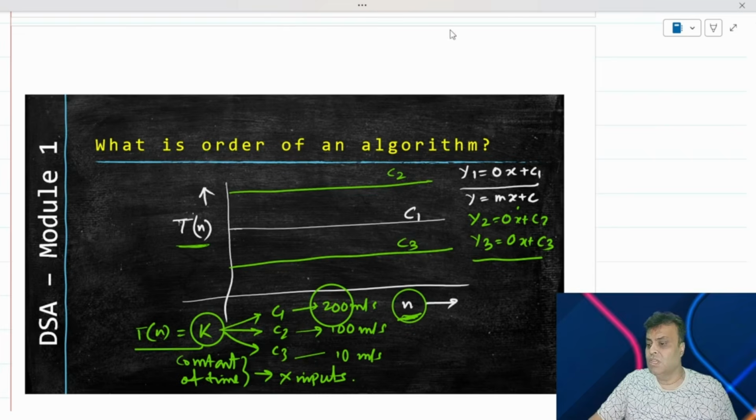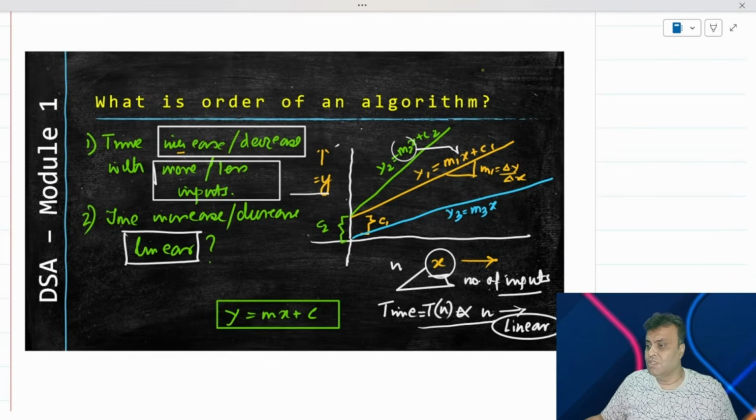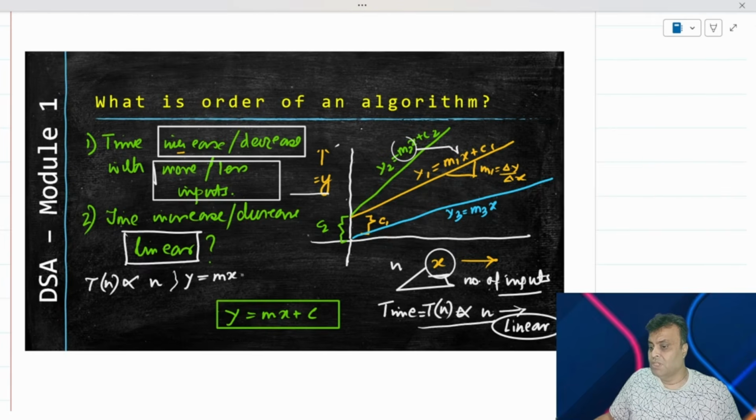So that brings me to the topic where I wanted to establish that when your algorithm is executing in this particular order, in the sense that Tn was proportional to the number of inputs in a linear manner because it was following this graph y equal to mx plus c, then the degree of this particular polynomial is actually 1, the power of the independent variable, which is your x.